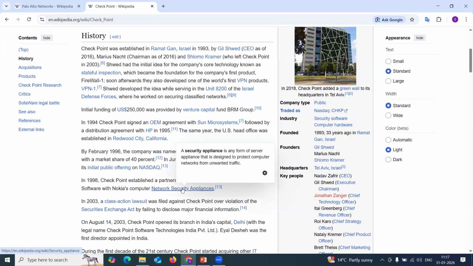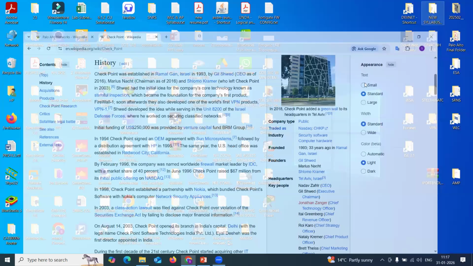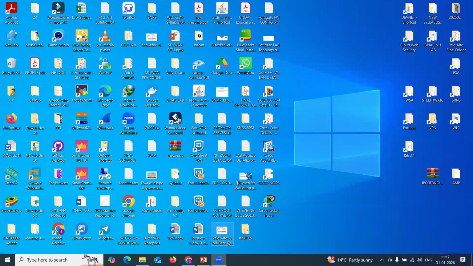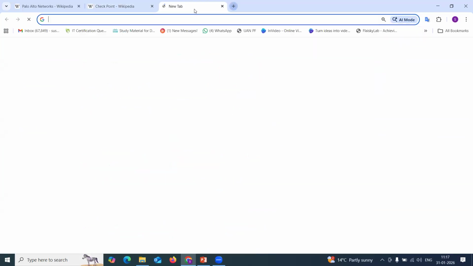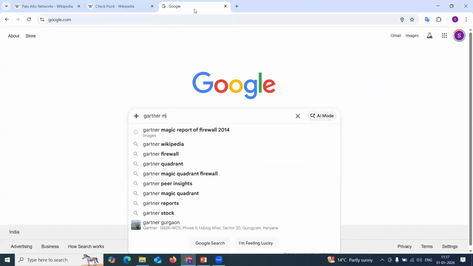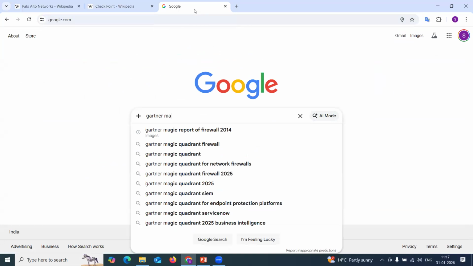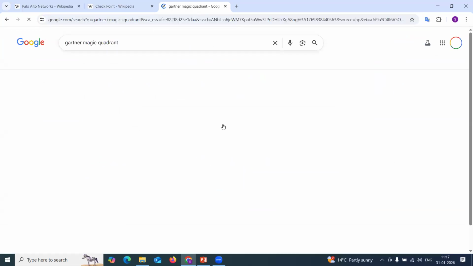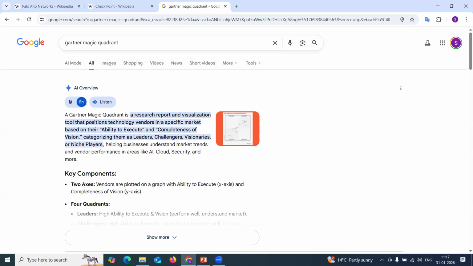So if you guys see the Gartner Magic Report worldwide, there is one organization, Gartner Magic. So what is this Gartner Magic Report? It's a research report. It basically gives you complete information about any particular product, especially in the networking domain.